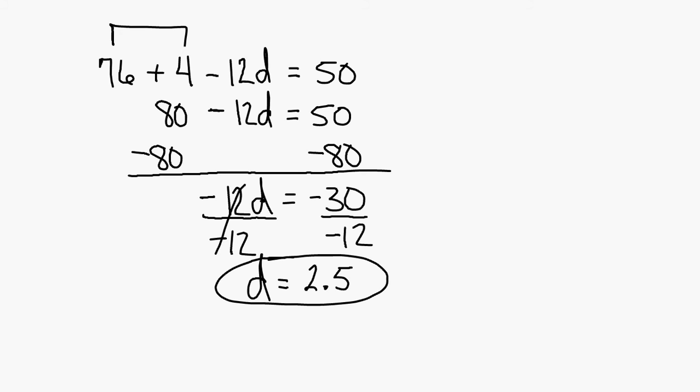Let's try 8p minus 2 minus 2p equals 22.